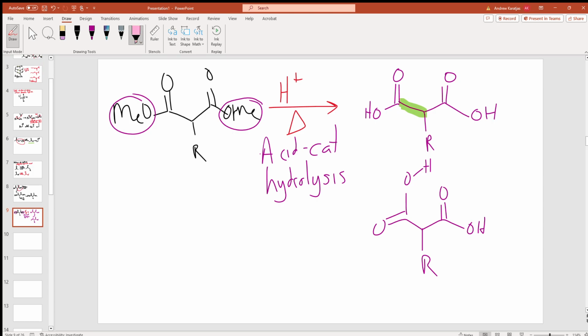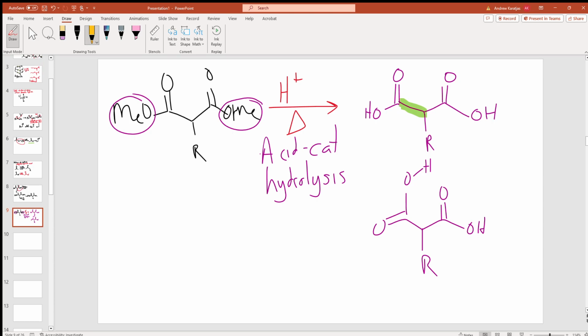But right around here, and I'm going to erase that highlight in a moment so it doesn't distract from seeing where the electrons are moving, we have a six-membered ring. And so under the right conditions, and it turns out with a malonic acid, it typically only requires heat. We see the following happen.